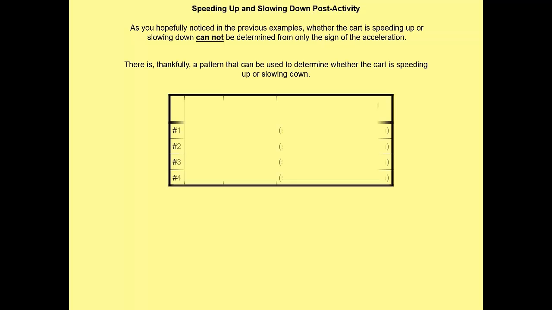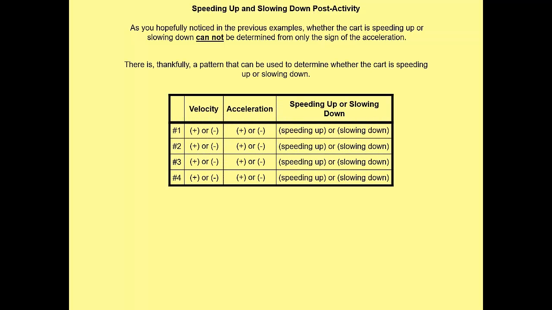So there is a pattern that will help us interpret a positive or negative acceleration, and it'll tell us whether we're speeding up or slowing down. The key is to compare that acceleration to the direction the object is moving, which you can see on either the displacement or the velocity.